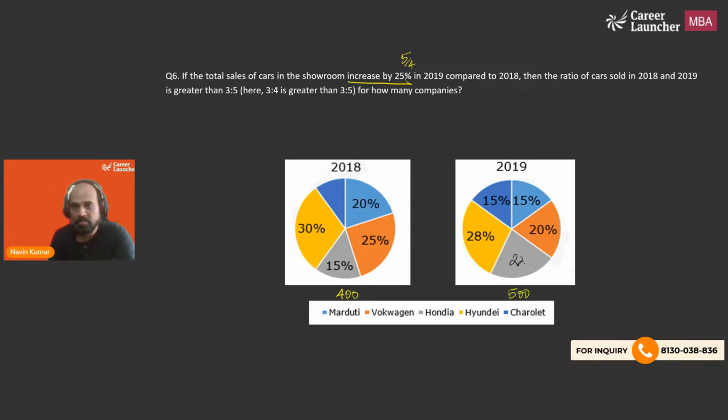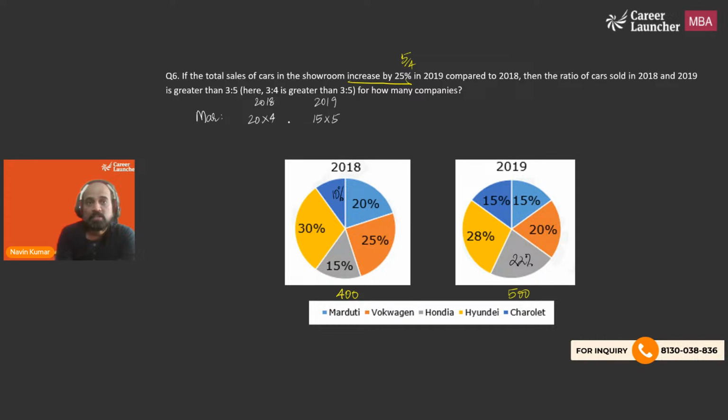And please do remember, this is 22% and this was 10%. If I pick up Maruti and want to calculate how many cars there were in 2018, I will do 20% of 400, or simply 20 into 4, because the percentage and the 2 zeros of the base will cancel out. For 2019, it's going to be 15% of 500, or simply 15 into 5.